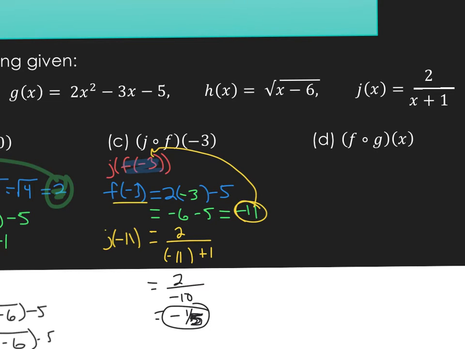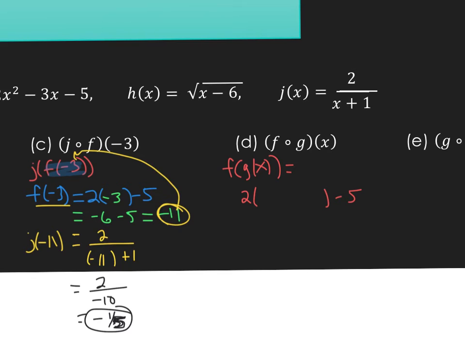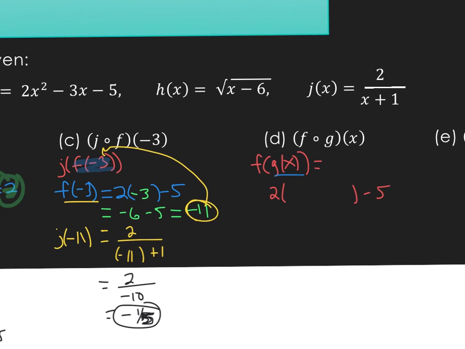Okay, let's look at letter D. We're going to find f of g of x. And remember, our f function is 2 times the empty parentheses minus 5, so you see 2x minus 5. This time we're going to put all of g in place of the x.